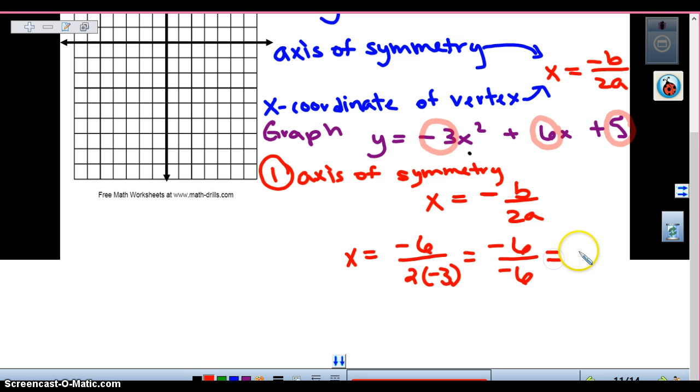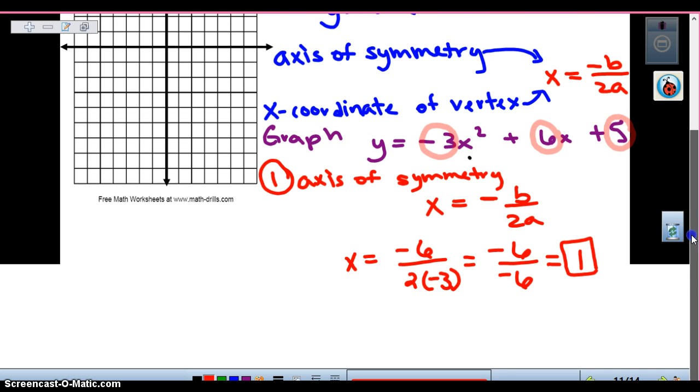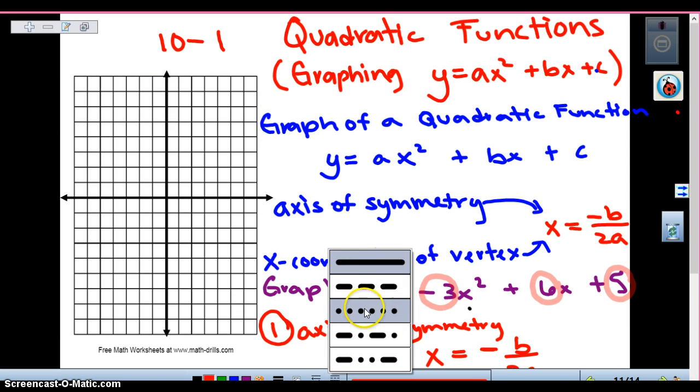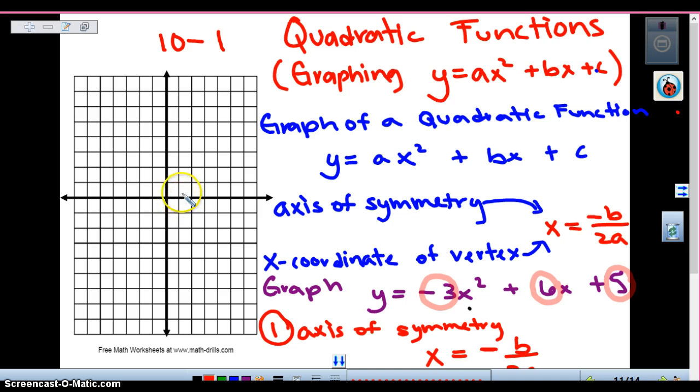When I simplify this, this tells me that my axis of symmetry is 1. Notice x is equal to 1. Going back to my graph, I'm going to plot a dotted line at x equals 1. This is my axis of symmetry.